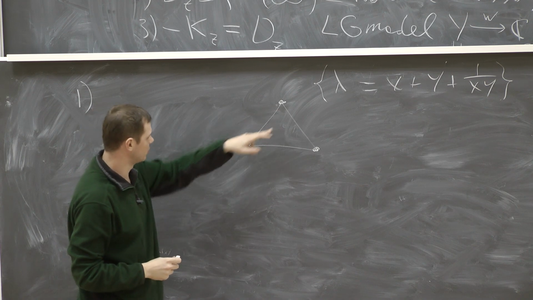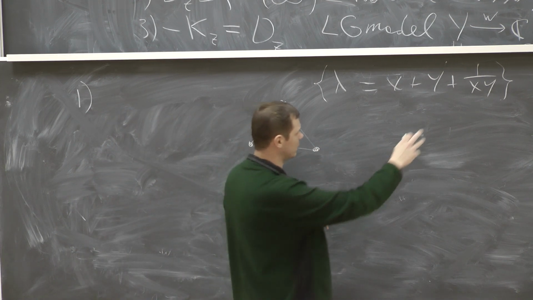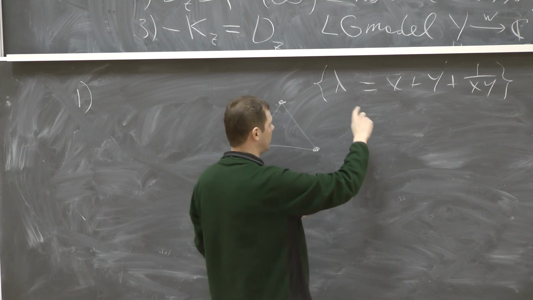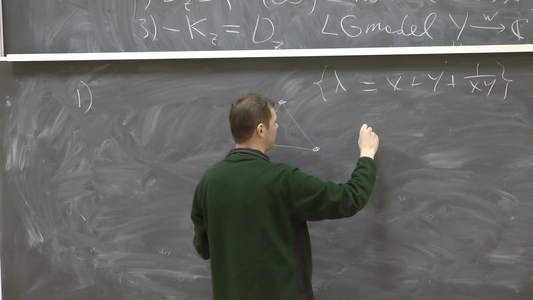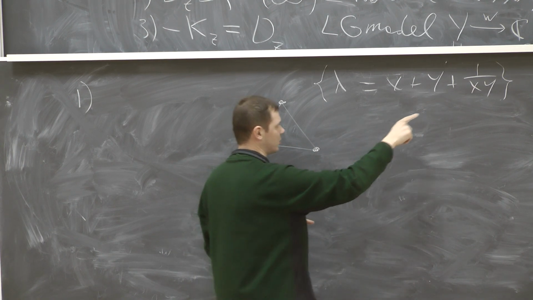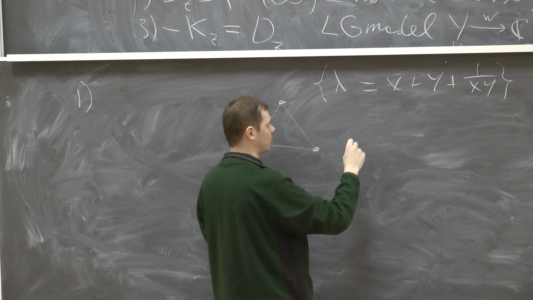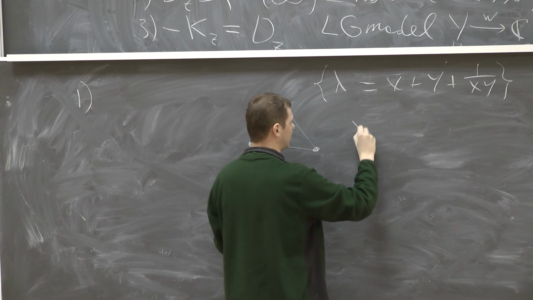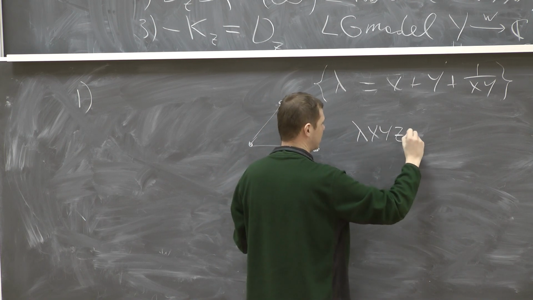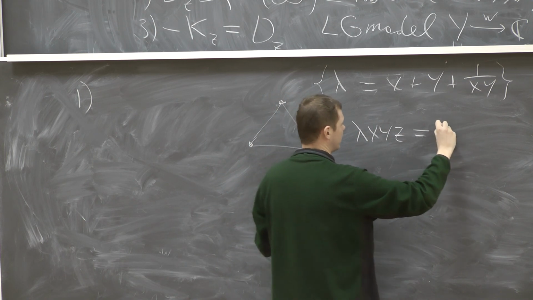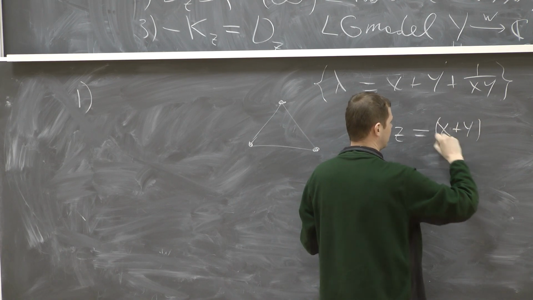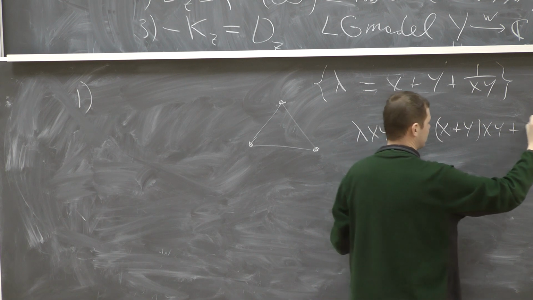So there are three singularities in the fiber over infinity. So we multiply by the denominator and homogenize it, adding some variable z. So we have lambda xyz equal to (x plus y) times xy plus z cubed.